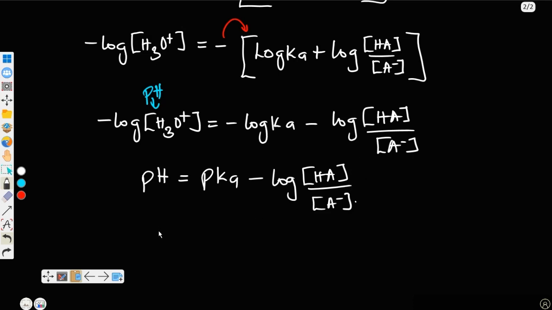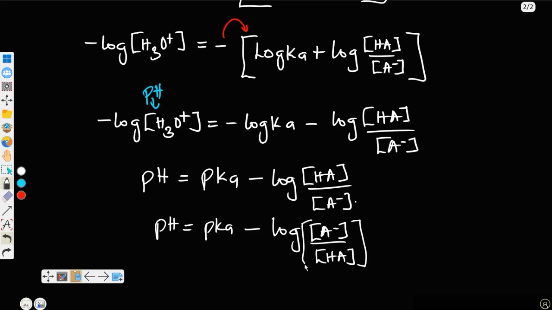So pH will now be equal to pKa minus log. Instead of HA over A minus, we are now going to have A minus all over HA raised to the power of minus 1. This thing is still the same as what we have here.